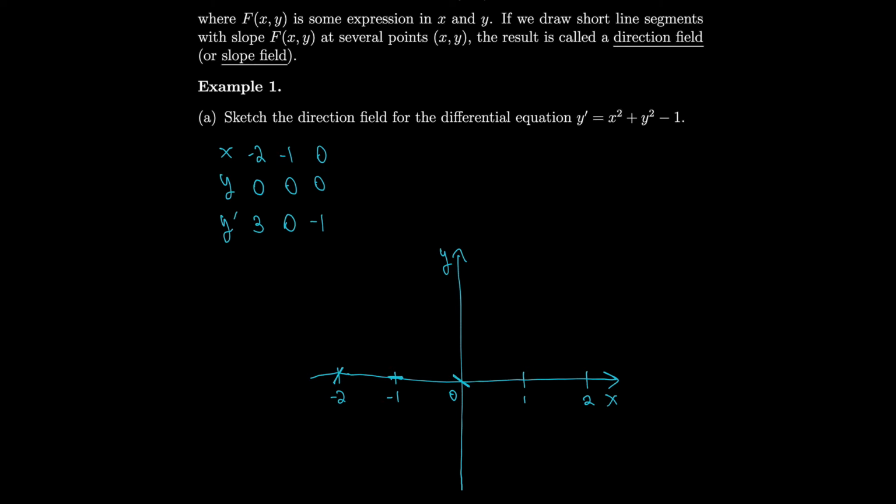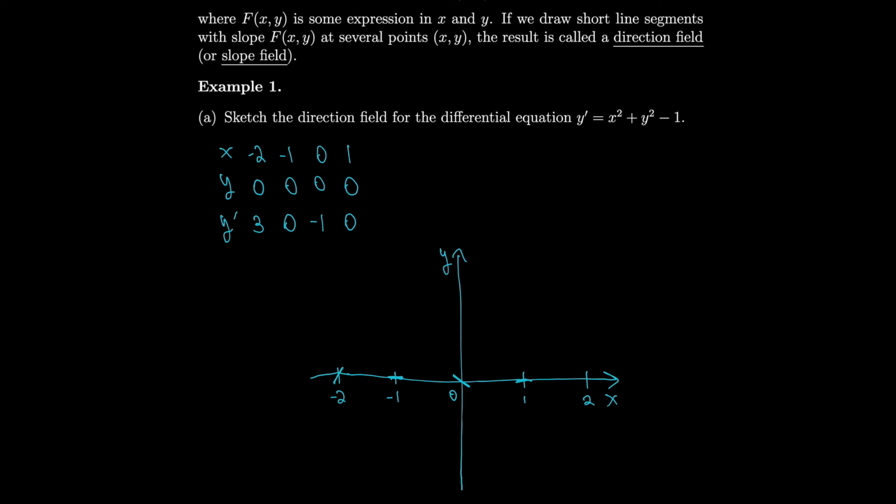And then my next point, I'm going to still go along the x-axis. I'll go to 1 now. So at 1 comma 0, if I plug in 1 plus 0 minus 1, I get a slope of 0 again. So another horizontal line segment at 1.